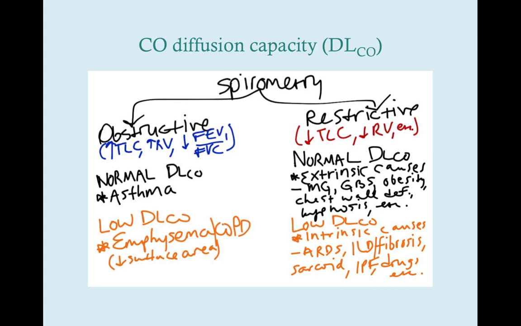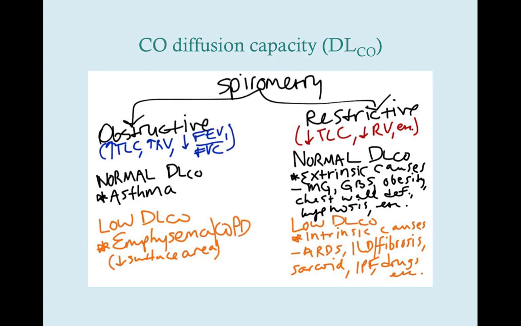So Guillain-Barré syndrome, myasthenia gravis, obesity, chest wall deformities like kyphosis, scoliosis, anything that's extrinsic, non-pulmonary. Everything else with the restrictive diseases, you should have a low DLCO, because remember what the restrictive diseases are.